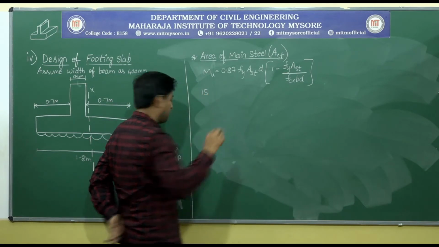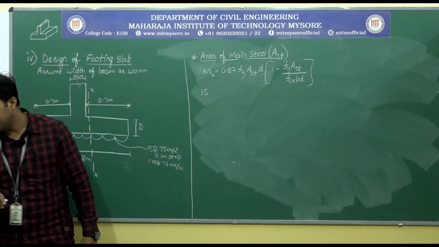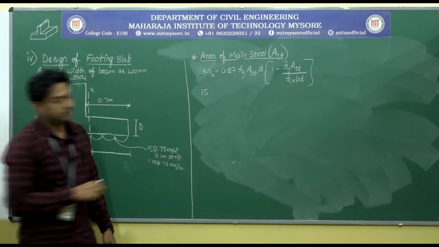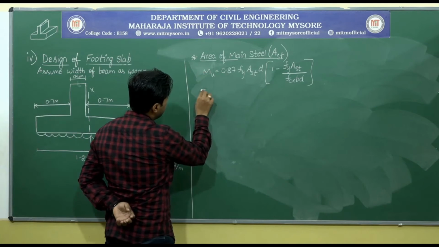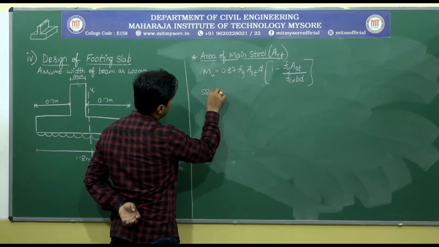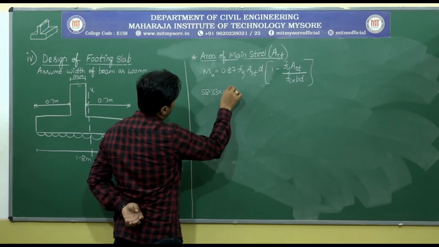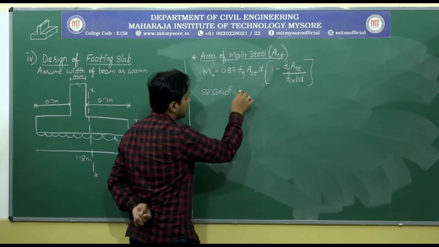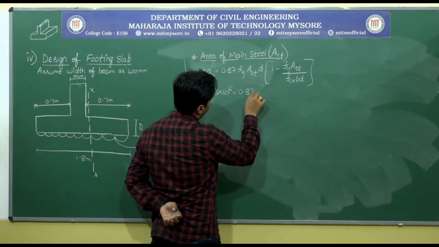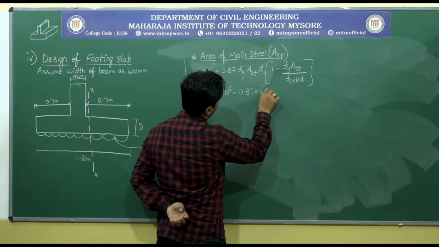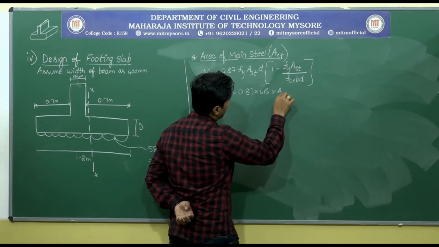So now moment will substitute the same value. What is the value that we got for the moment? It's 58.33 into 10 power 6 to convert that into Newton mm. So 0.87 into Fy is 415, AST only we need to calculate.